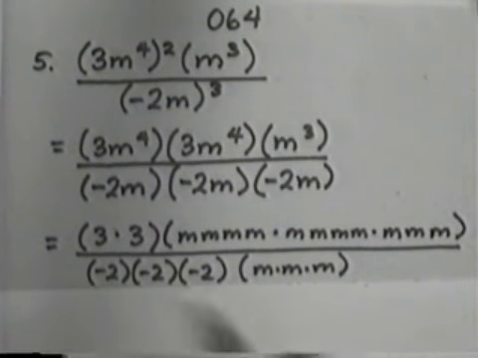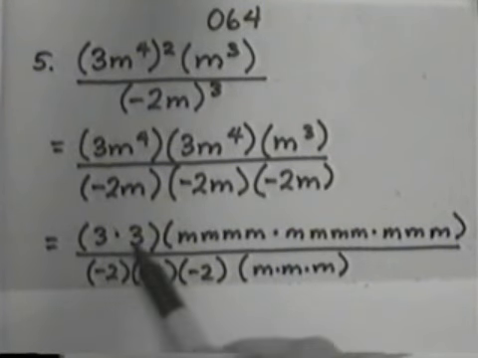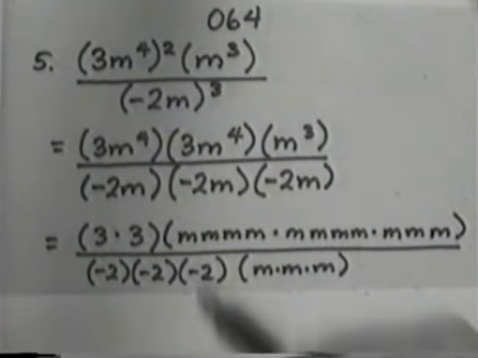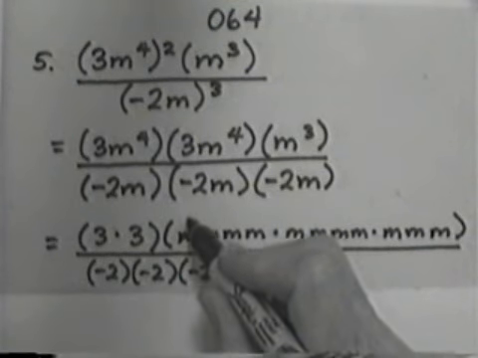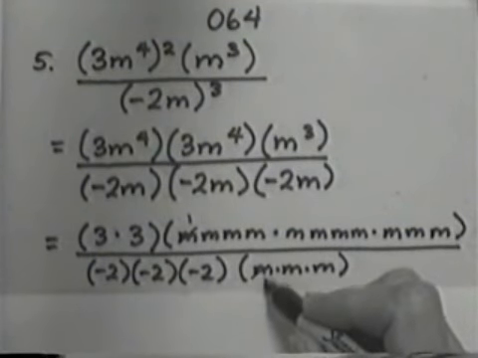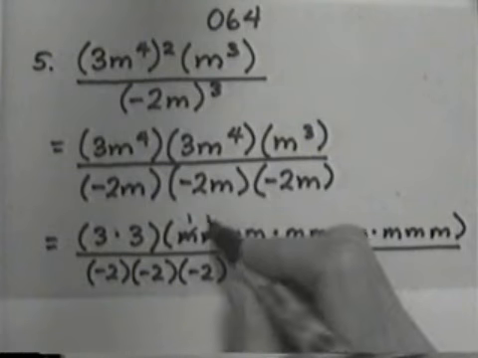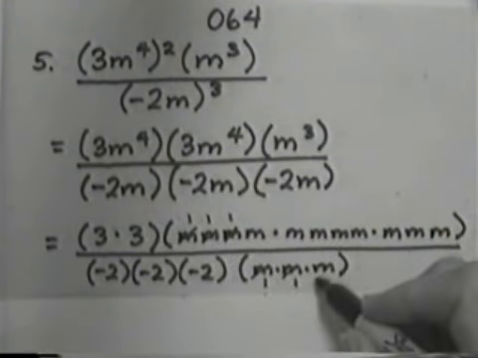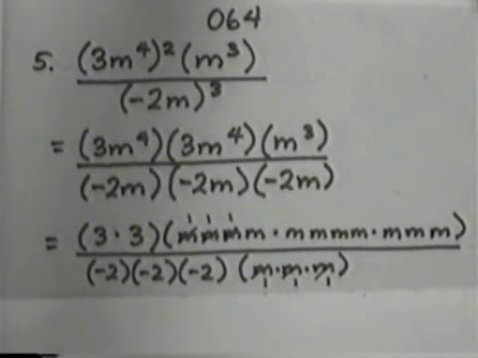Notice that with the coefficients we have 3's and 2's, 3's on the top and 2's on the bottom. No canceling there. So we'll cancel some m's. We have m into m goes once, six times in all.